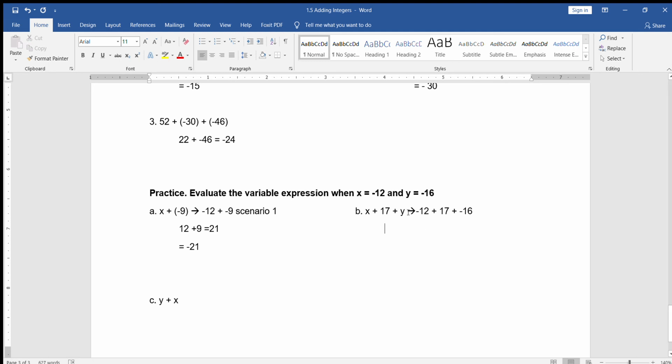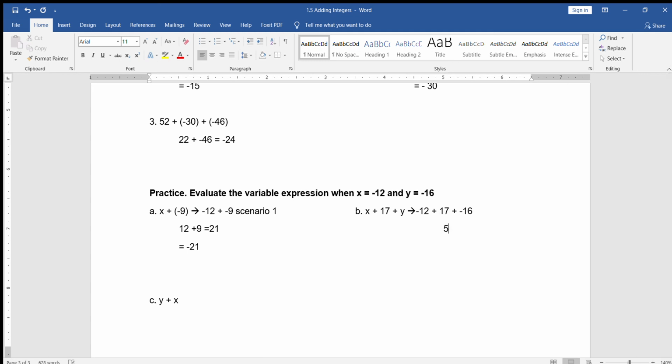First thing first, we should add negative 12 and 17. This is scenario 2, not scenario 1. So hopefully you guys know how to add different signs. We're going to subtract. So 17 minus 12 is 5.